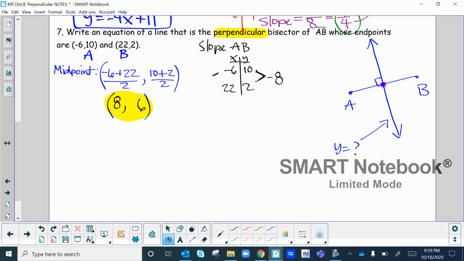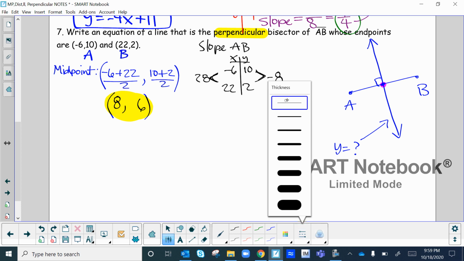What did the X do? It went from -6 all the way to 22. So think of a number line. -6 all the way to 22. So that means it went up 28 units. Okay, so what is that slope? Remember, it's the change in Y over the change in X. Let me get a different color here.